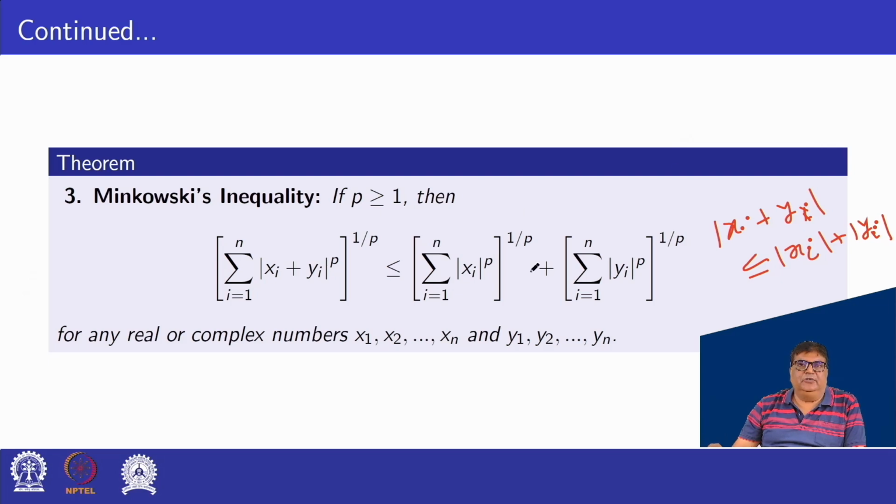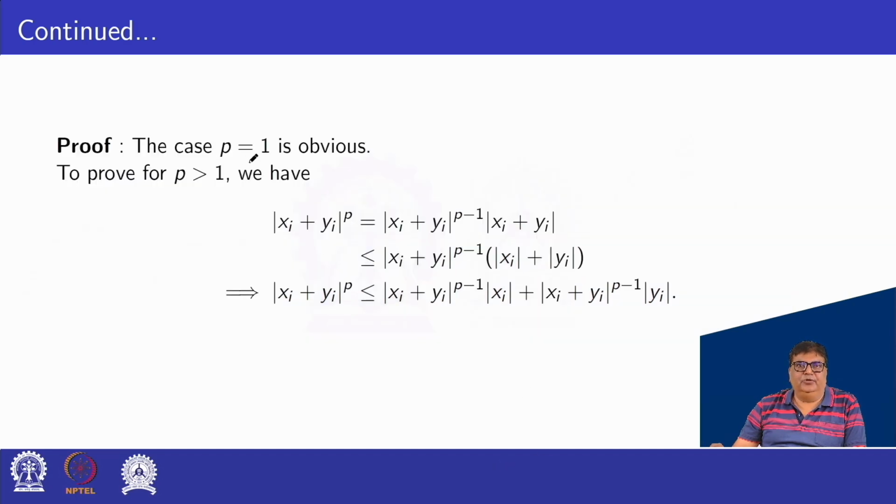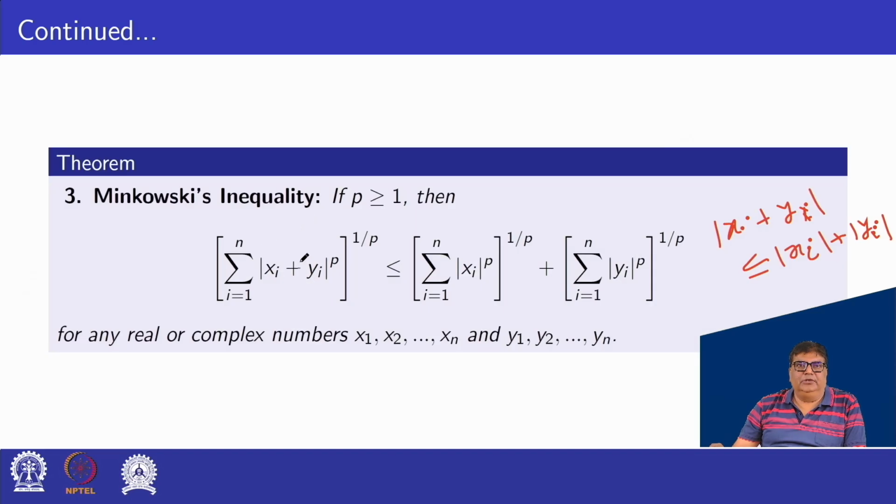This is the well-known definition. If xi, yi are real or complex, then |xi + yi| ≤ |xi| + |yi|. So for p = 1, the whole power 1/p is 1, and this is also 1.